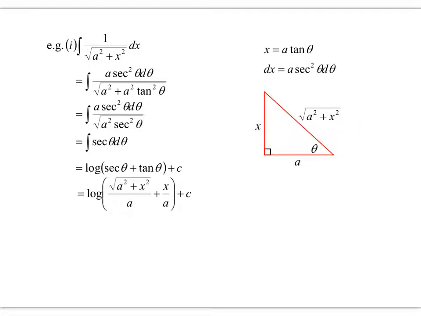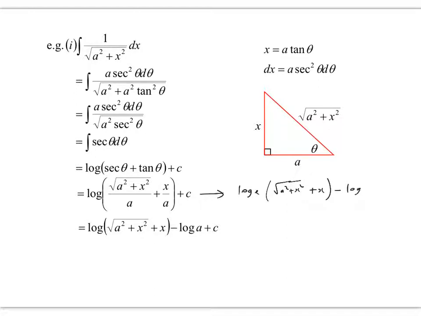So we substitute our sec theta and our tan theta, get a common denominator, and what will happen is we end up getting log to the base e of a squared plus x squared plus x, and then all over a means we subtract the logarithm of the base e of a, and then we have a plus c.